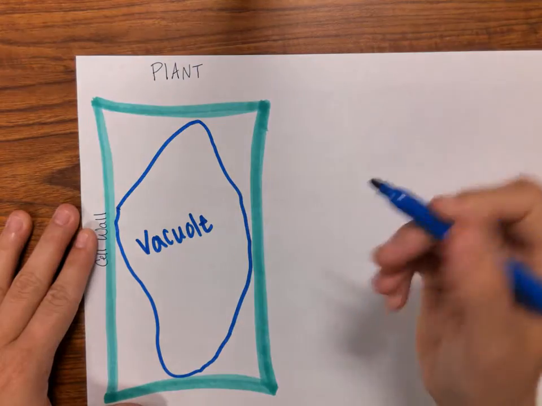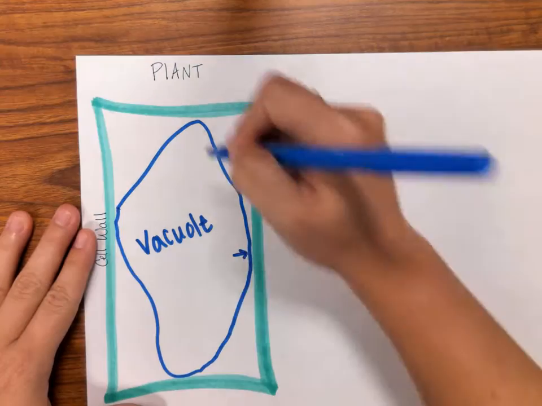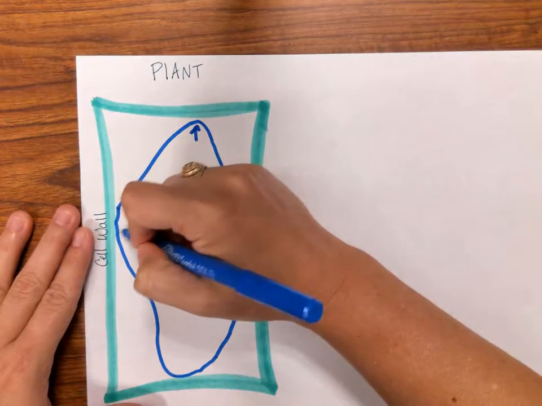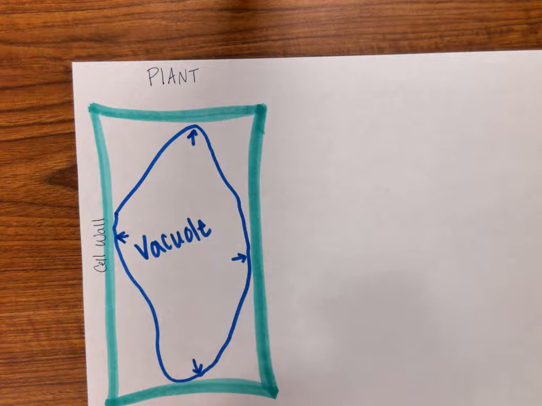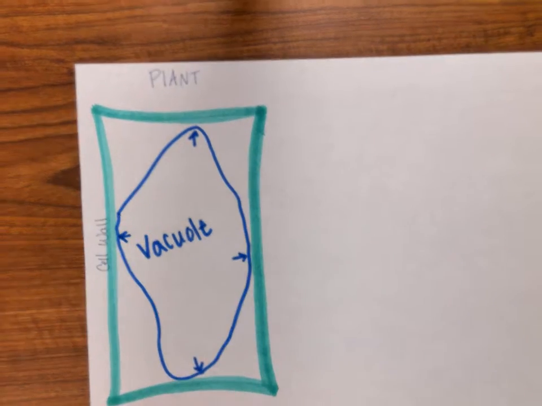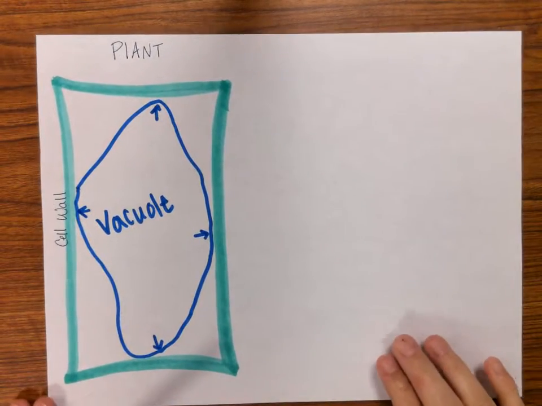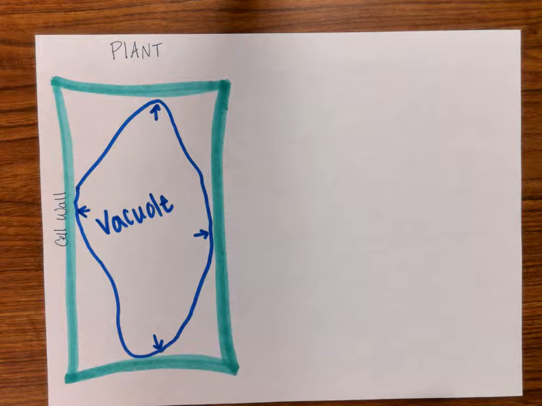And this vacuole pushes out against the cell wall, and it helps that cell be stiff and rigid, and it helps that plant stand up straight. So plants have a large vacuole.